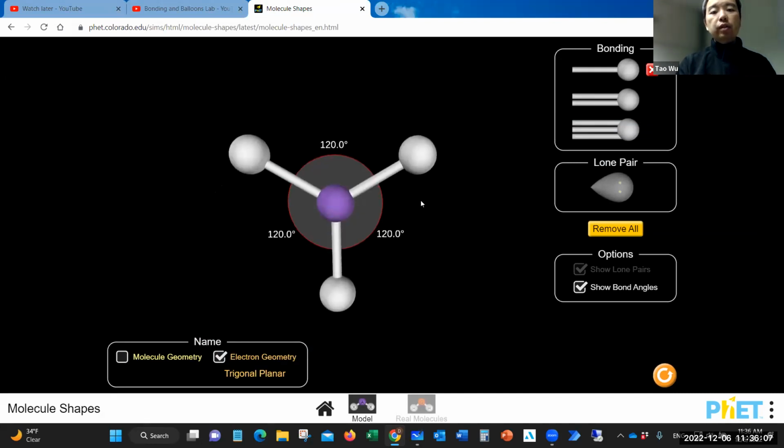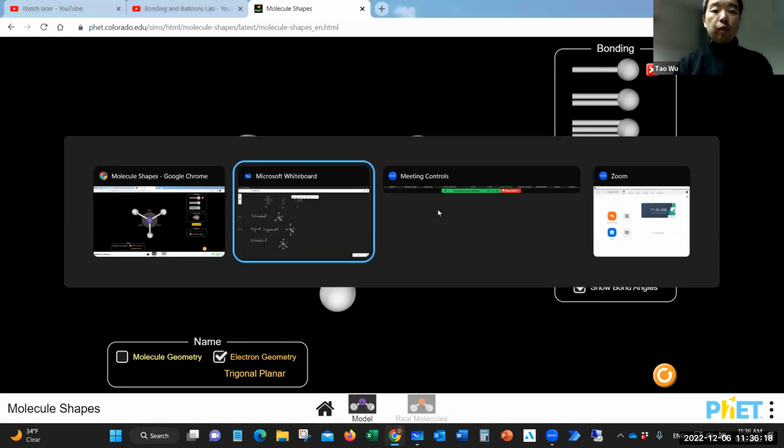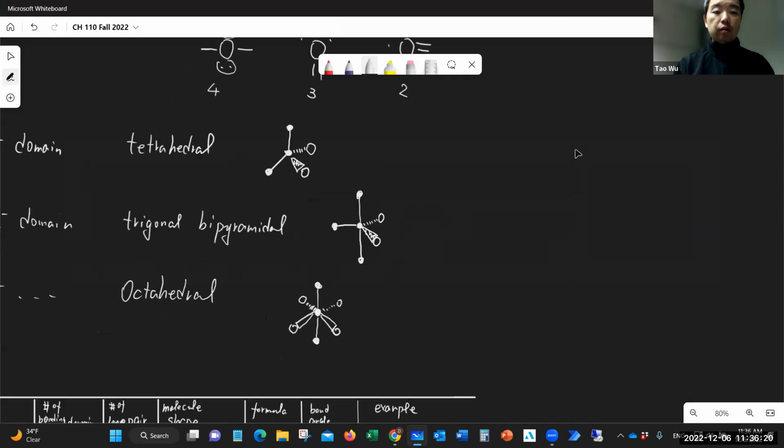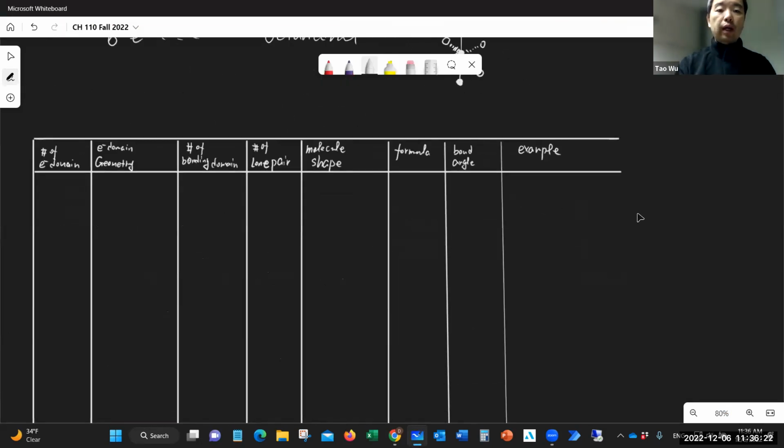If we have 3 electron domains, it doesn't matter what kind of bond. When we draw the columns over here, we tell the difference between the number of bonding domains and the number of lone pairs.